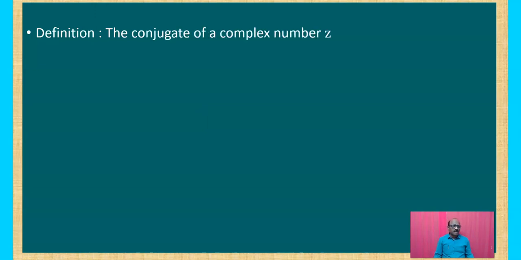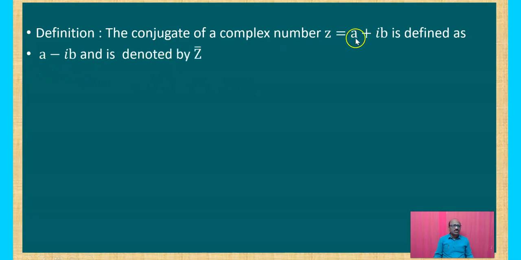Next is the definition of the conjugate of a complex number. If z = a + ib, its conjugate is defined as a - ib.